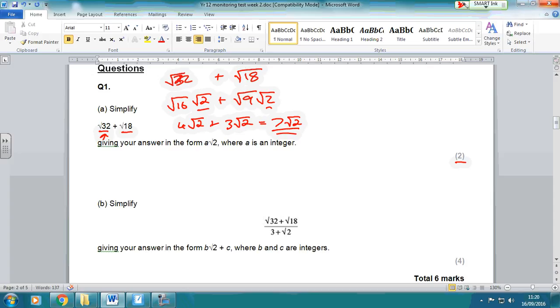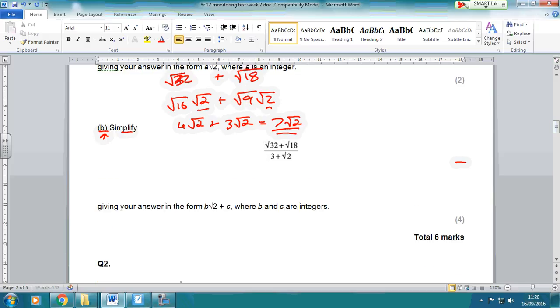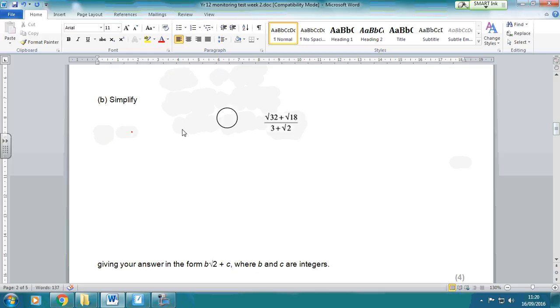Now, the next one is simplify. So if we have a look at this one, we've got the square root of 32 plus 18 over this thing here.